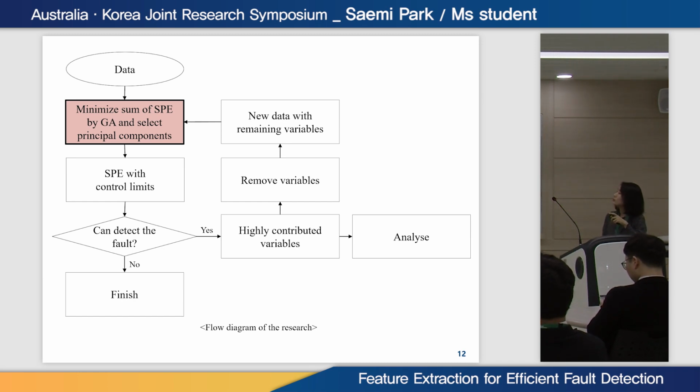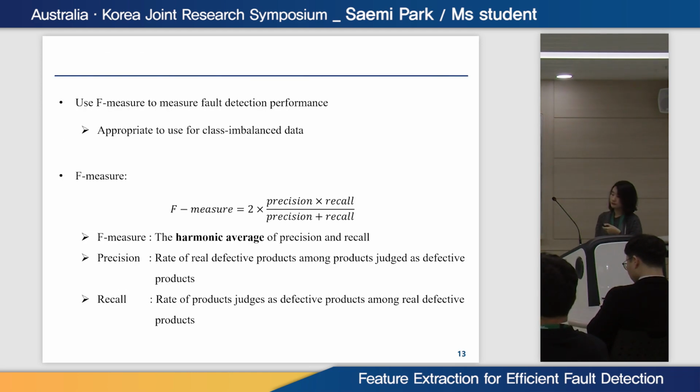Then I compute SPE and control limits. After that, I find the highly contributing variables, remove those variables and repeat this process. Then to measure fault detection performance, the F measure was used. The F measure is the harmonic average of precision and recall, and it can be computed like this.